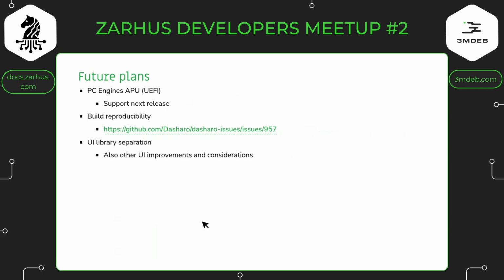And we see it as quite a major problem that a user cannot confirm that this release was built from this specific code right now. And we have also this thread of UI library separation and related topics like improvements and other considerations, but we don't want to touch it too much until we have a reliable set of tests.